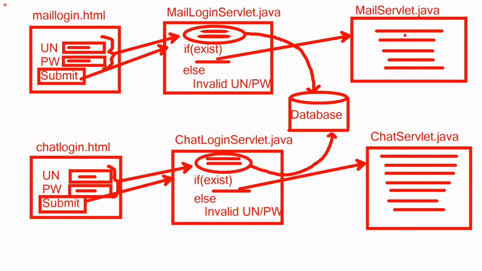Now, mail servlet and chat servlet, same program or different? Program code is same? That is the mail program, and this is the chat program. How will it be same? Program output is different. So this program is totally different, not same. In these two programs, only URL pattern is different, but this program code is completely different. That is the mailbox program, and this is the chat box program.